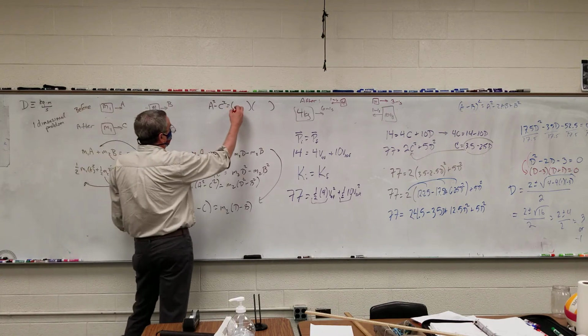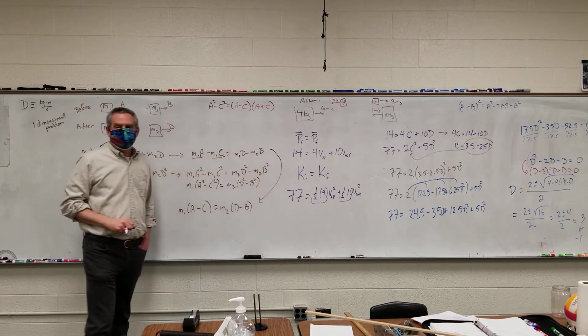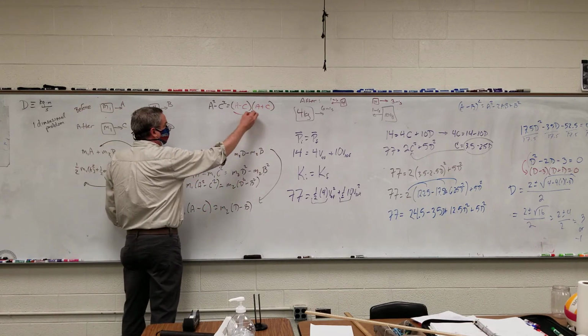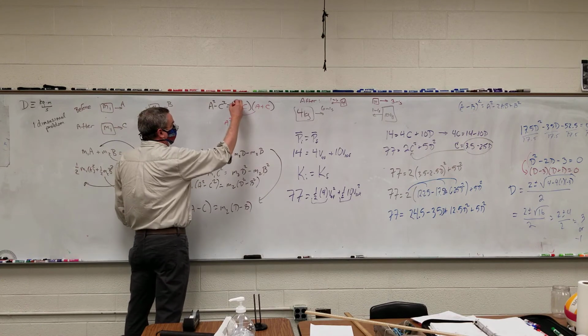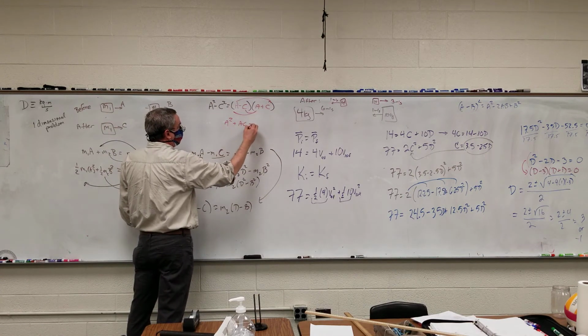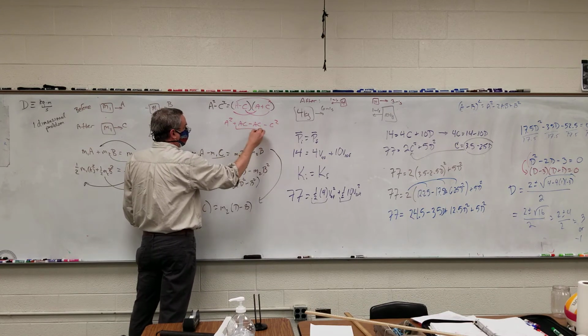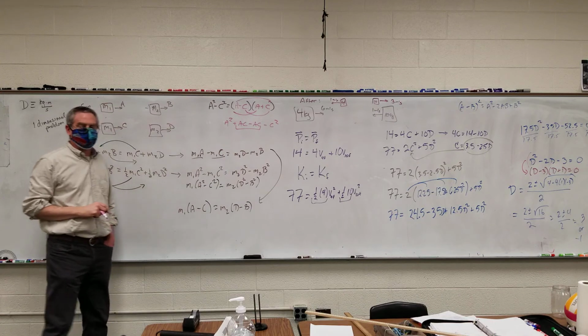All right, spoiler alert, this is A minus C, A plus C. So if I FOIL, I multiply the first ones together, I get A squared, outer, plus A times C, inner, minus A times C, last, minus C squared. Those cancel out, and I'm left with A squared minus C squared.